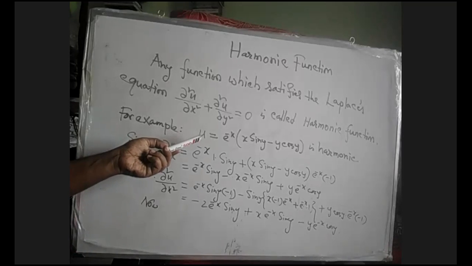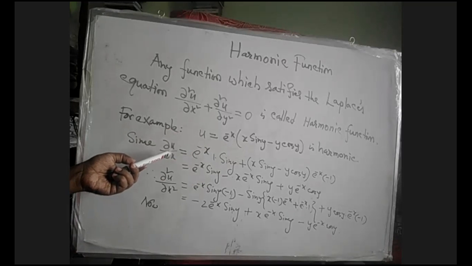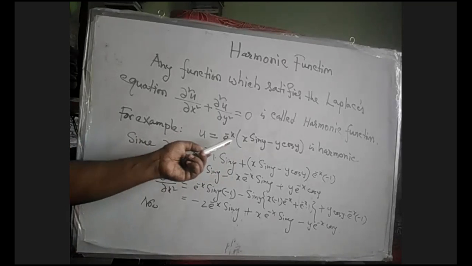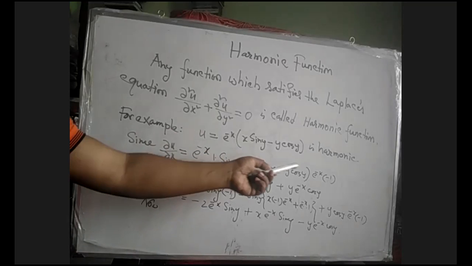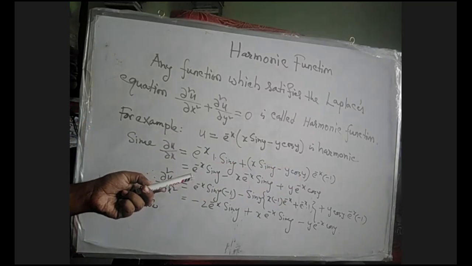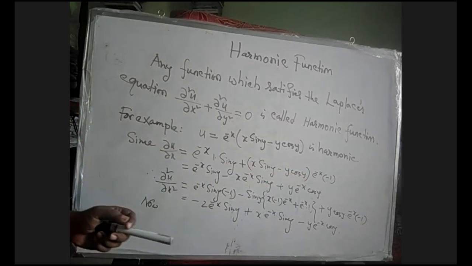For example, u equals e to the power minus x times (x sin y minus y cos y) is a harmonic function. Del u by del x, the partial differentiation of u with respect to x, we use the uv process: u into v differentiation plus v into u differentiation. The differentiation of e to the power minus x is e to the power minus x multiplied by the coefficient of x, which is -1.